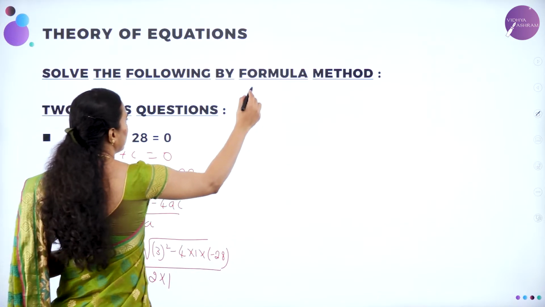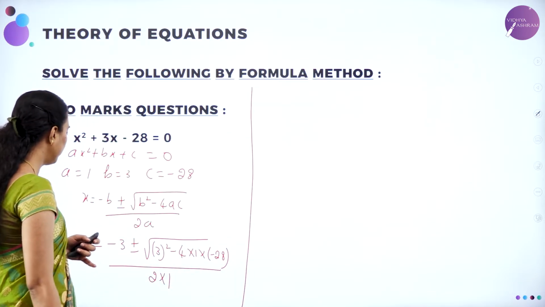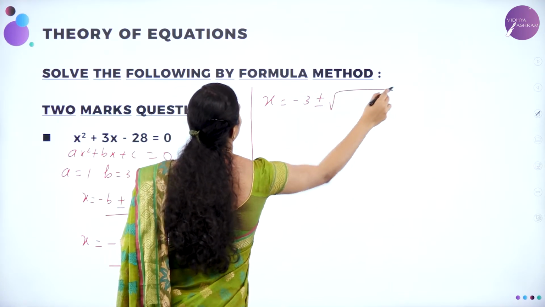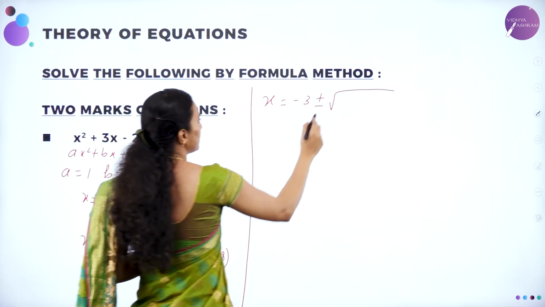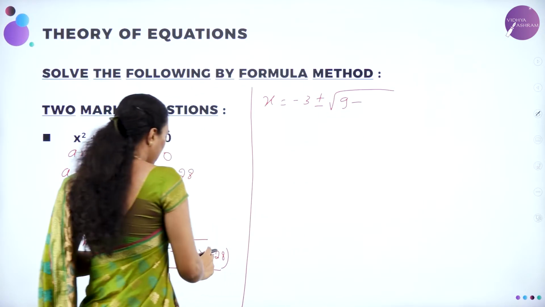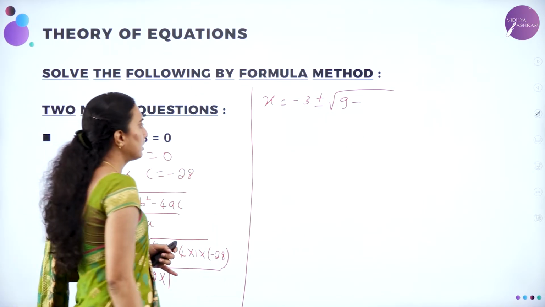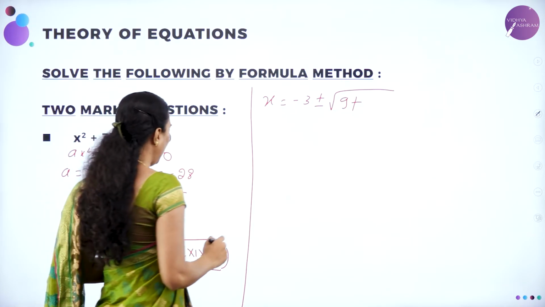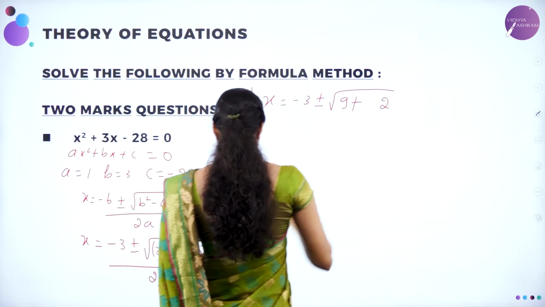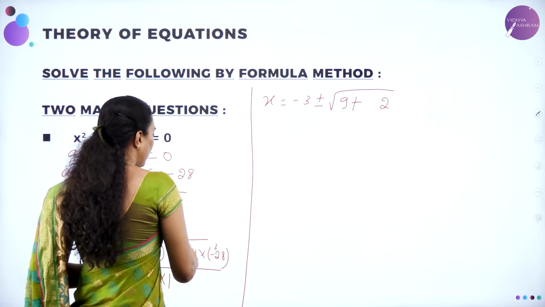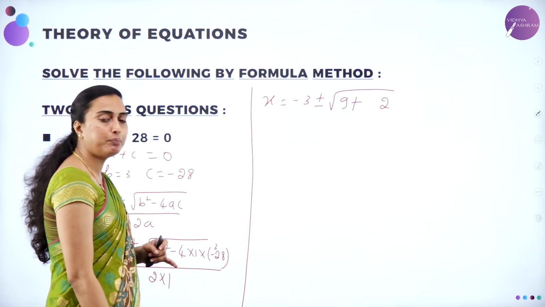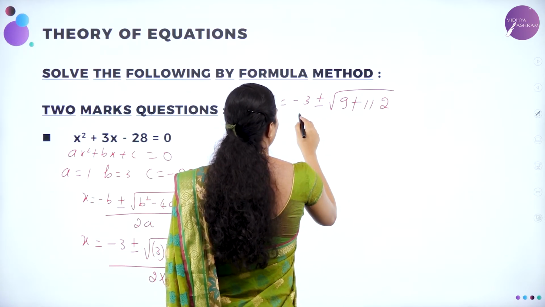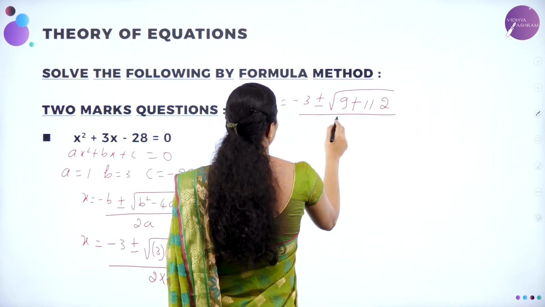a is 1. So therefore solving this further, x is equal to minus 3 as it is, plus or minus square root of b squared, 3 squared is 9, minus c, minus into minus it will become plus. So plus 28 4s are 4, 1s are 4, 28 4s are 8, 4 2s are 8, 8 plus 3 gives you 11, so 112 divided by 2 into 1 is 2.